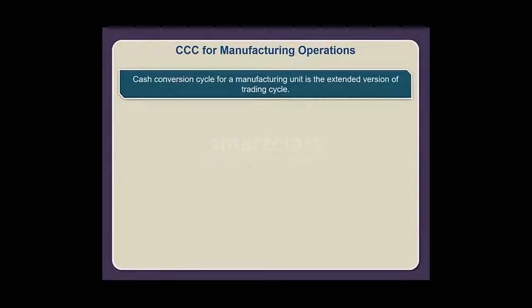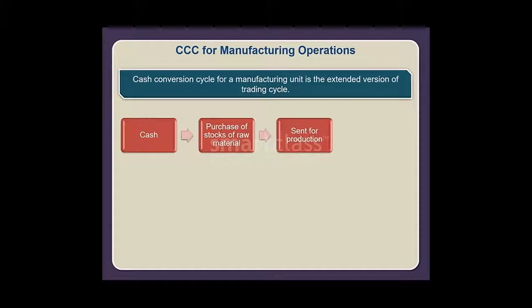CCC for manufacturing operations. Cash conversion cycle for a manufacturing unit is the extended version of trading cycle. It starts with the purchase of stocks of raw material, which is then sent for production and becomes work in progress.